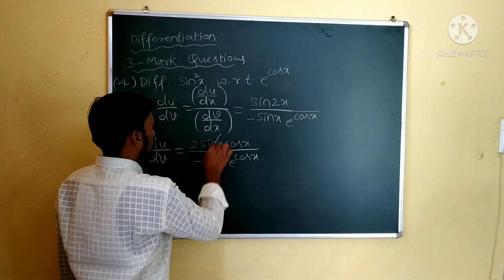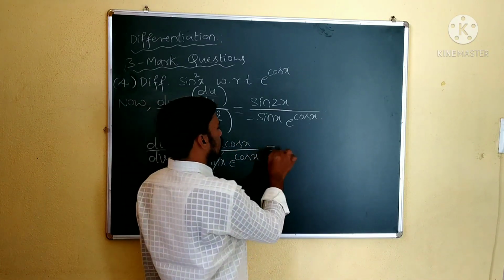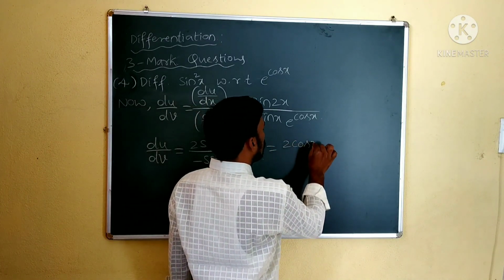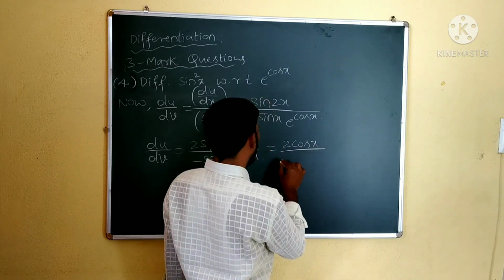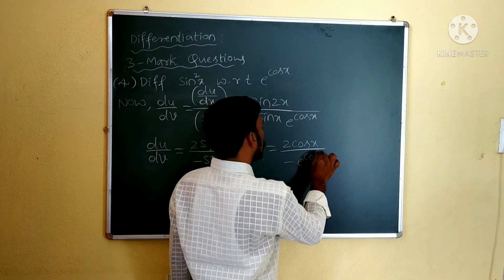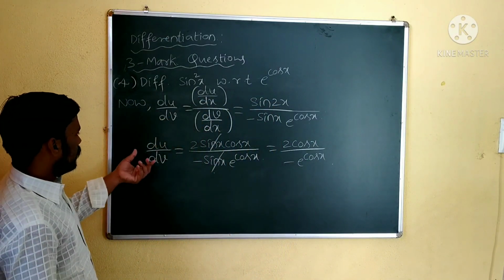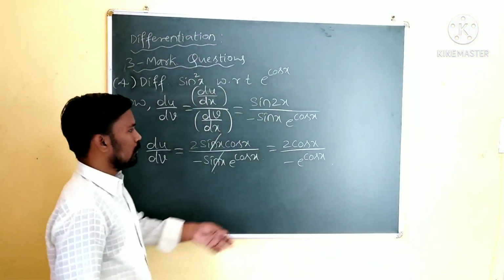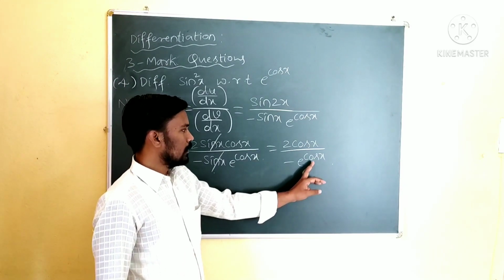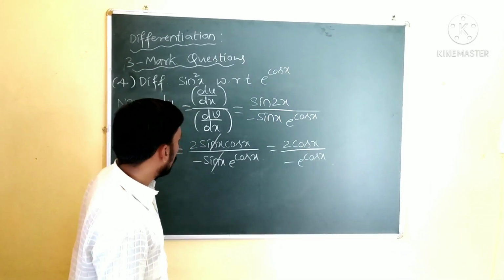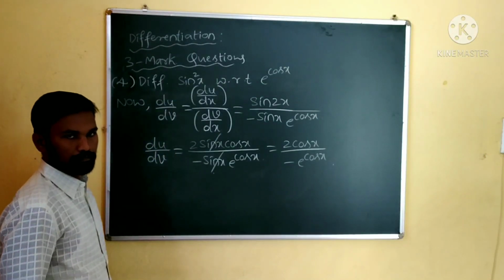Now sin x and sin x get cancelled. That is equal to 2 into cos x divided by minus e raised to cos x, which is the required answer. Du by dv is equal to 2 cos x by minus e to the power of cos x, which is the required derivative of the given function.